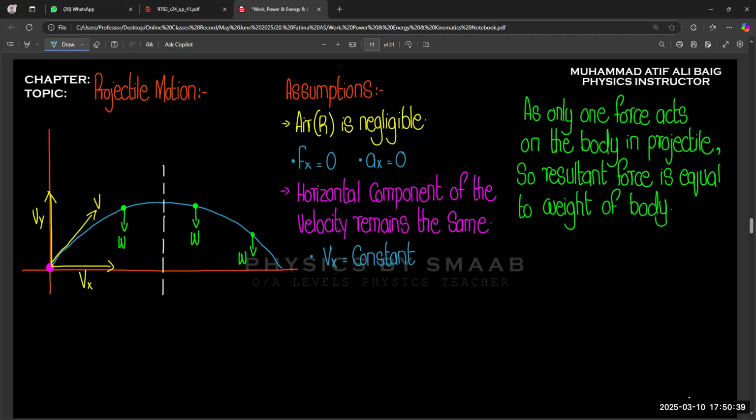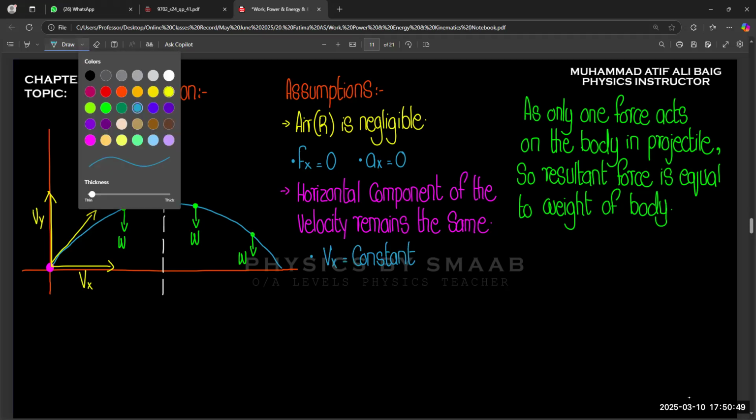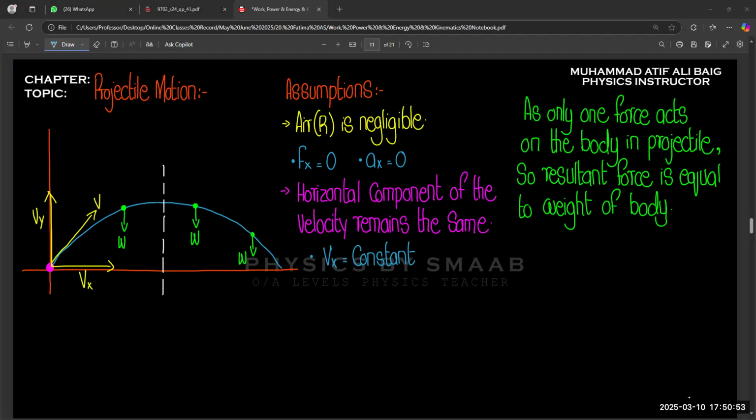So only the vertical component of the velocity changes, because when the body is moving in an upward direction, if we draw the components for the body at this point, the vertical component is in an upward direction, but when it is moving in a downward direction, the components are different. So the vertical component is changing with respect to the direction.